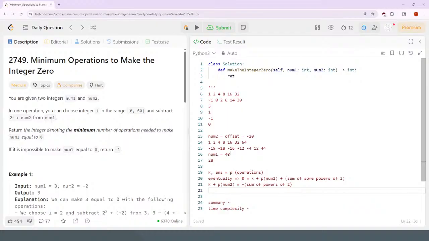So in theory, 1 would be part of that sum. So 1 is always doable. We have a bunch of 1s. This should always be doable, assuming that this side is starting in the negatives.